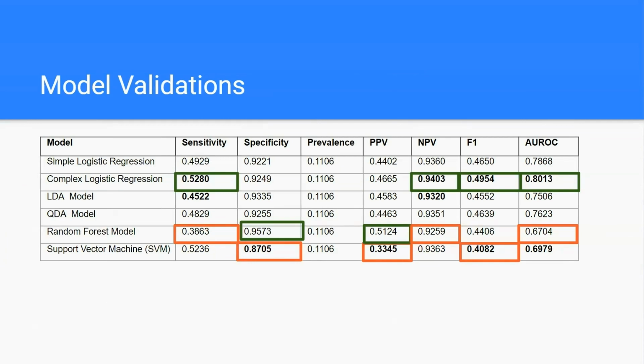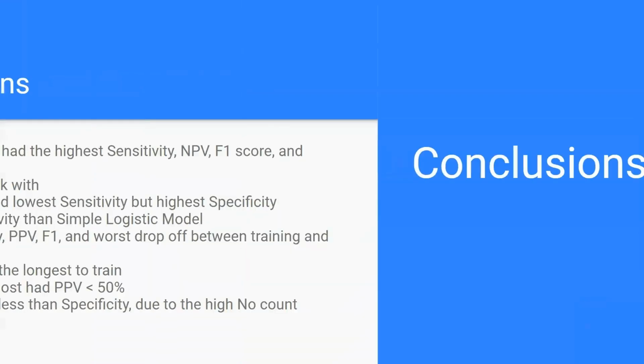I won't take much time on this, but looking at the table, we can see that the complex logistic regression model has the maximum value of most of the metrics, like the area under the curve, the F1 score, the PPV and the sensitivity, while the random forest model and the support vector machines have the lowest values of the metrics. Next, we'll be concluding our results.